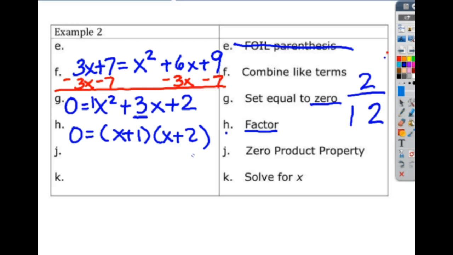The 0 property tells me that the x plus 1 is equal to 0 and the x plus 2 is equal to 0. Solve those.